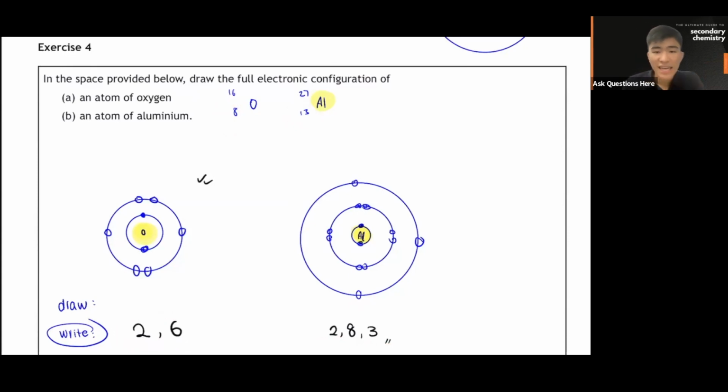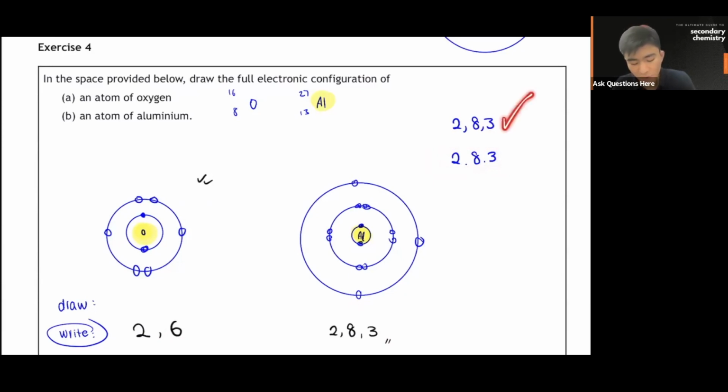I have a question here. Can I use dots to represent the comma? For simplicity's sake, normally in textbooks and normally for O level, they will expect you to use comma for the electronic configuration notation. But some schools or some students may prefer to write it with dots. Sometimes schools don't accept it, but for Cambridge O level, they will accept.